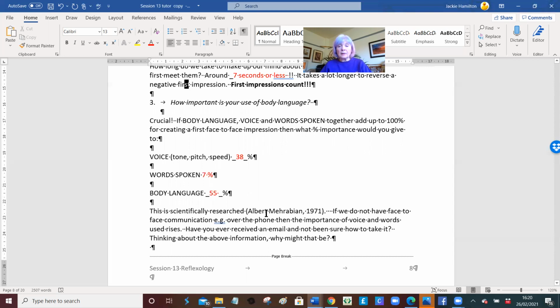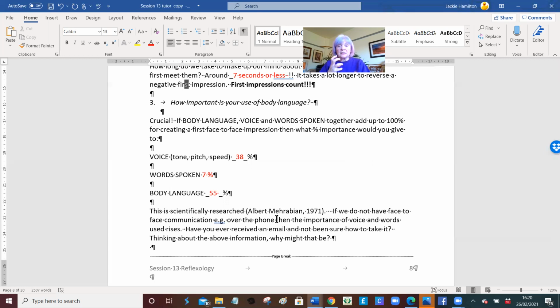Anyway, body language, the percentage. Albert Mehrabian researched this, and what people take away isn't so much what we say, it's our body language and our tone. So our spoken word is 7% of 100% of what people gather from us.